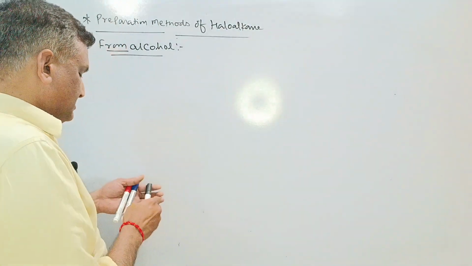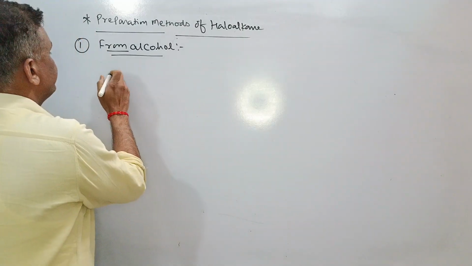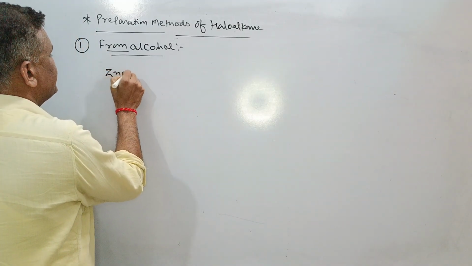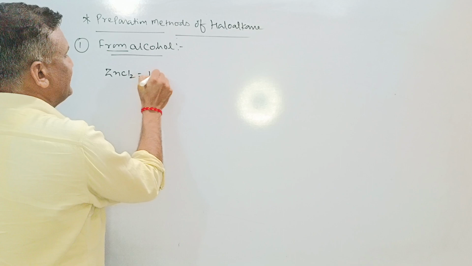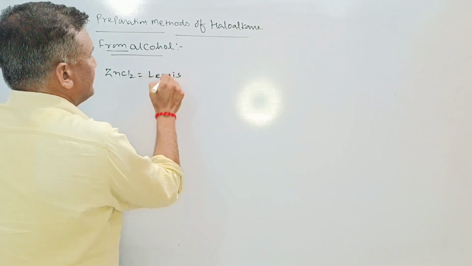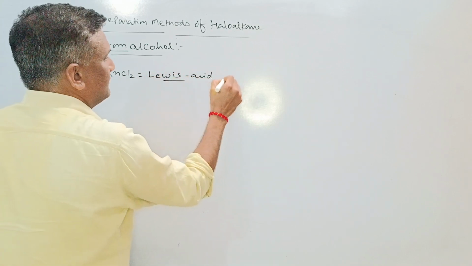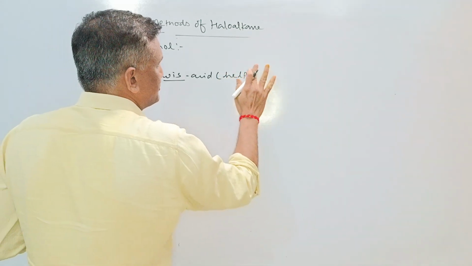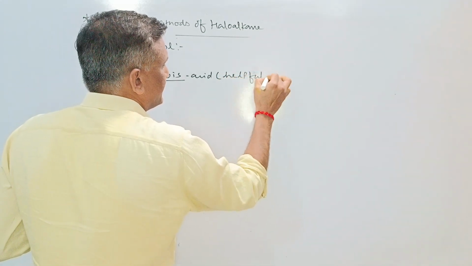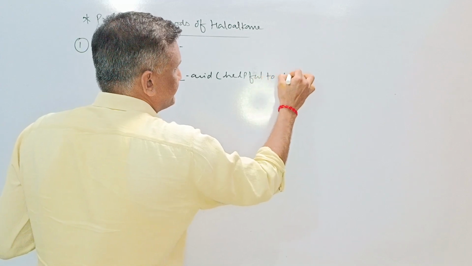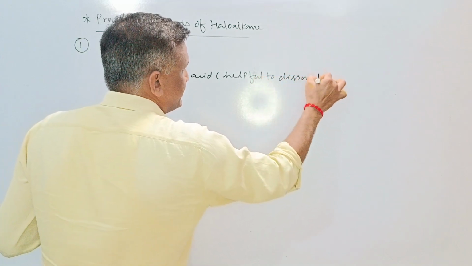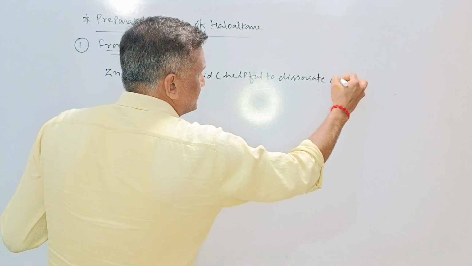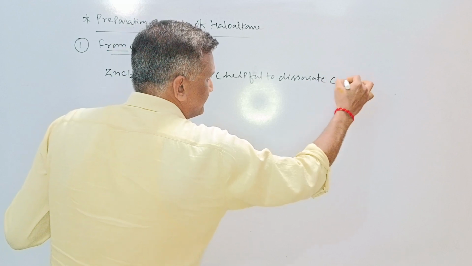Remember one thing, ZnCl2 acts as a Lewis acid, and it is helpful to dissociate the C-O bond, the C-OH bond.